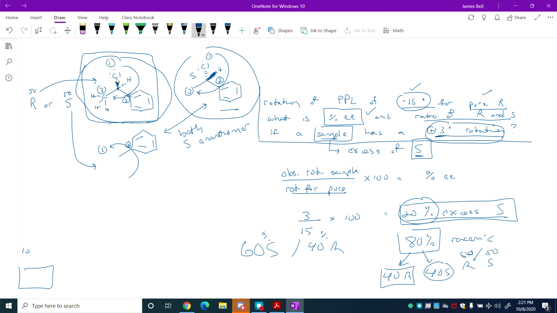Well, the only difference is the spatial positioning of the chlorine and the hydrogen at this chiral center. So these two structures have the same polarity, the same solubility in different solvents, the same boiling point, same melting point. I can't use any of the techniques we've talked about this semester to separate them from one another.